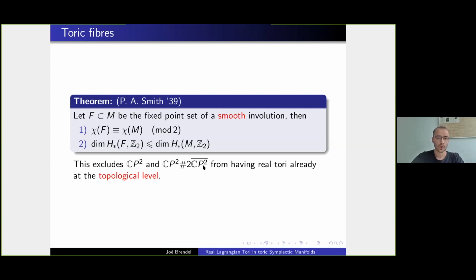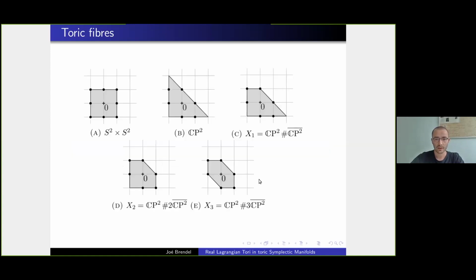For example, here you can apply the first Smith inequality. And so if I go back to my examples, we can exclude B and D basically by topological means already.